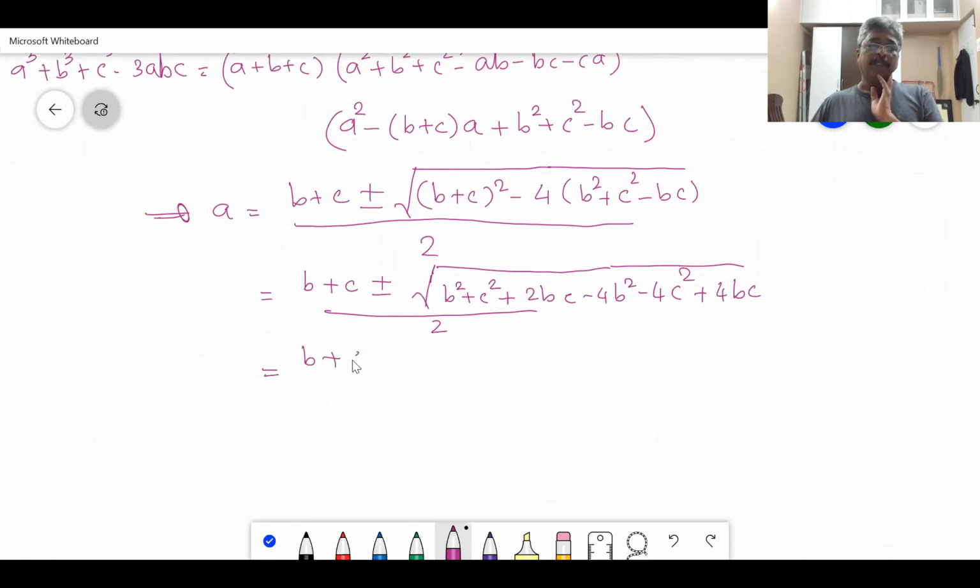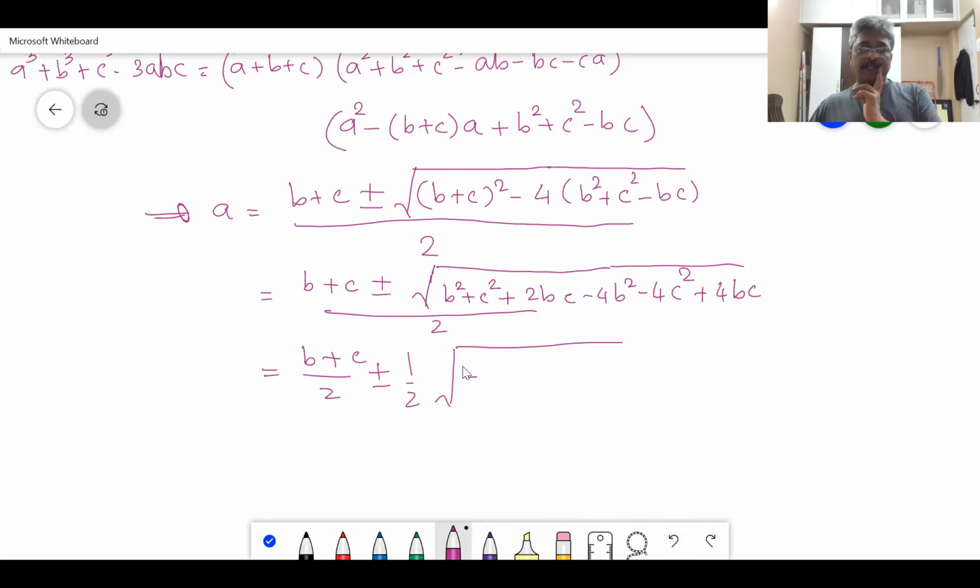b plus c by 2 plus or minus half. What is this? This is a radical. We take out minus 1 common. Then what are we left with? 3b square plus, we can take out minus 3 common, it seems, 6bc.